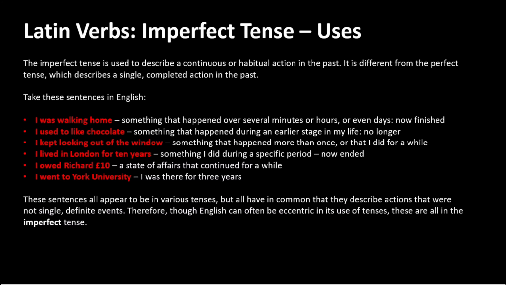These sentences all appear in English to be in various tenses, but they all have in common that they describe actions that were not single, definite events, not things that took place in a single flash of time, but things that happened over a period. Although English can, let us admit, be eccentric in its use of tenses, these are all in the imperfect tense.